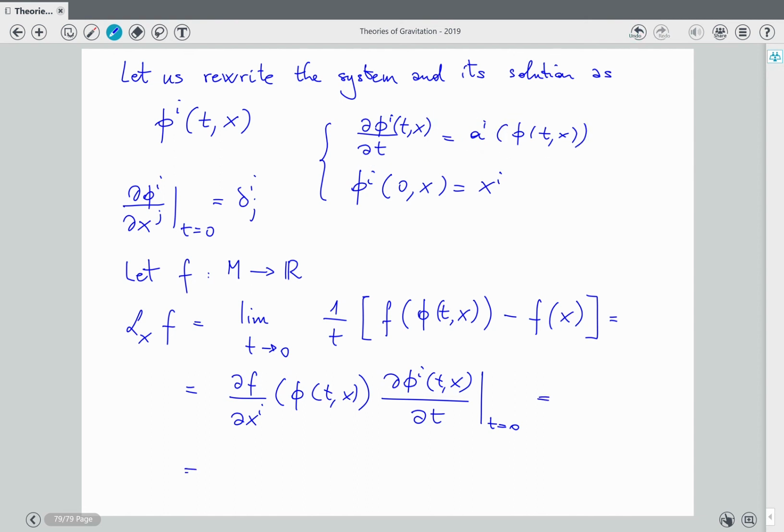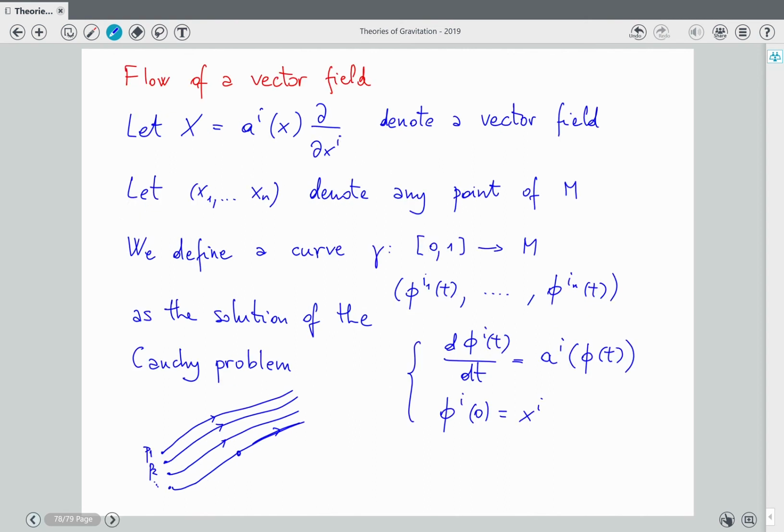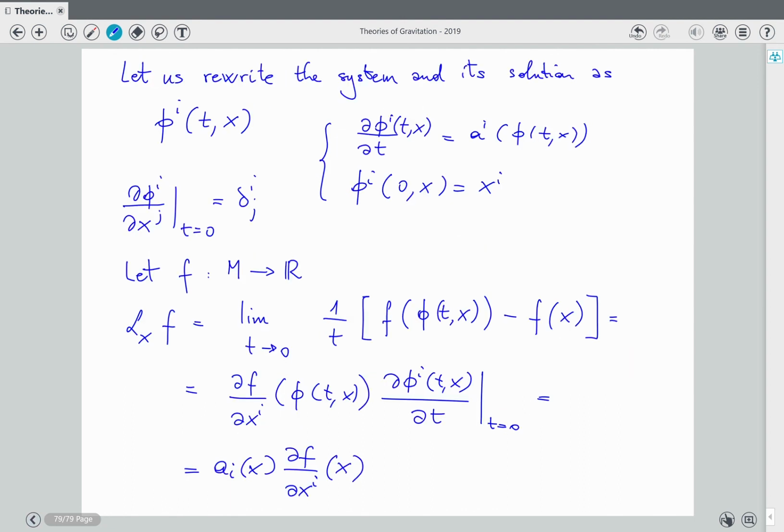So you have a_i of x times partial f partial x_i of x, which is, as before, the Lie derivative: the gradient of the function f contracted with a vector that defines the flow. The vector has components a_i in this notation. This is a small x.